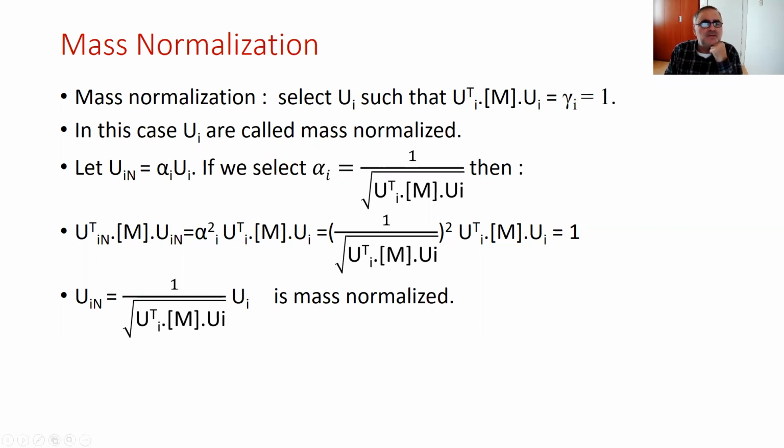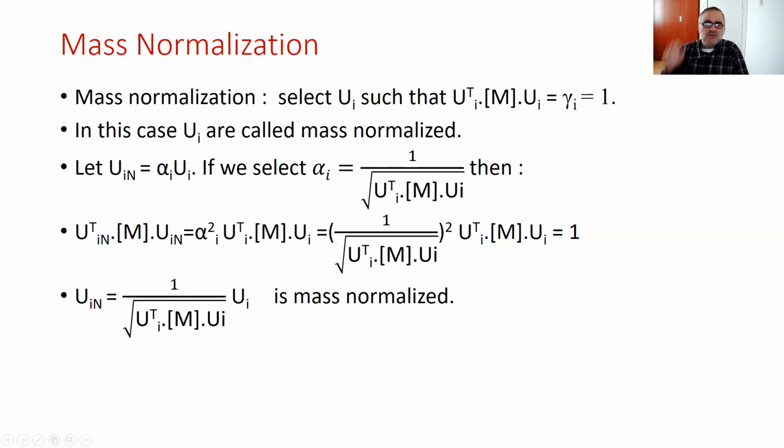Again, we have a factor alpha times Ui, okay? Now you can show that if you select this alpha i as Ui transpose M Ui, take the square root of that and take the inverse, or 1 over that, then in the normalized vector you have two alphas, alpha goes out, so you will get a 1.